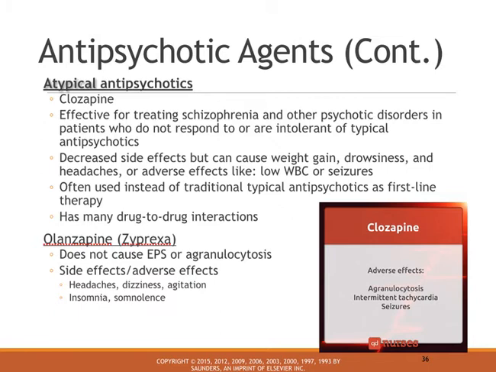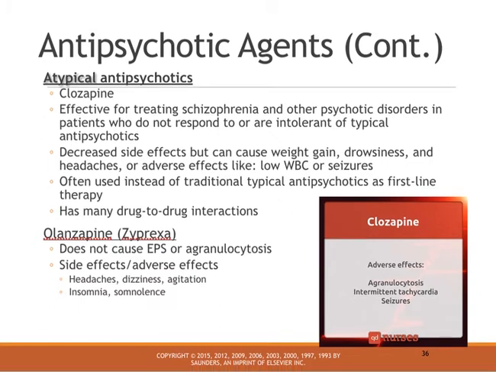With clozapine, like the little picture shows you, we want to look for agranulocytosis, and that's a lowered white blood cell count. We want to watch for intermittent tachycardia and seizures. So a nursing intervention is to monitor weekly white blood cell counts. And Zyprexa has a bonus because it doesn't cause EPS and it doesn't cause agranulocytosis, so we don't have to do those CBCs.